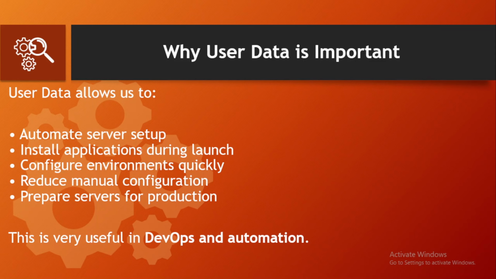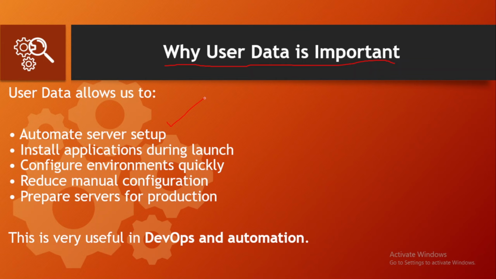Now let's understand why user data is important. In real world cloud environments, engineers rarely configure servers manually. Instead, they automate the entire setup process. User data helps us to automate server startup and automate server configuration right at the time the instance launches.